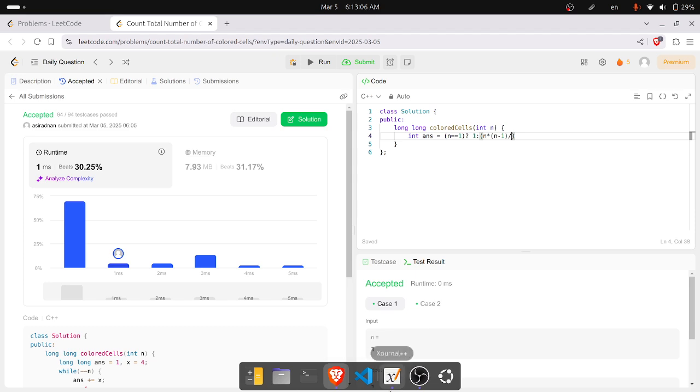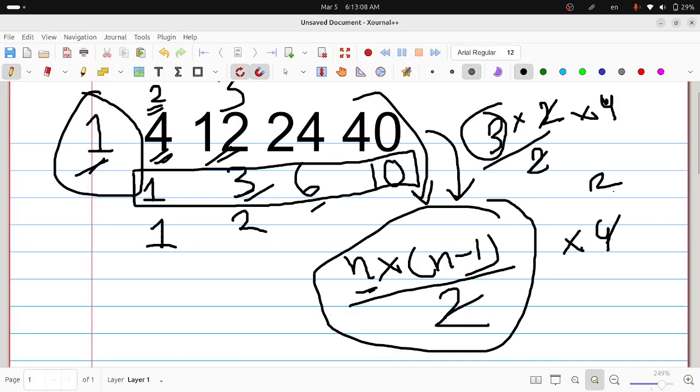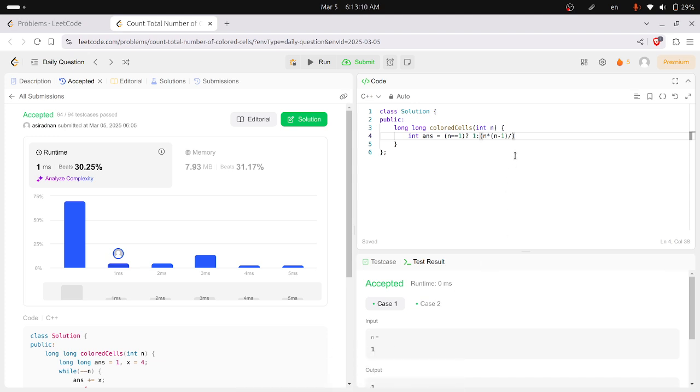Then I can multiply it with 2, since 2 and 4 gives 2. That should work. That definitely should work. And I'll return the answer.